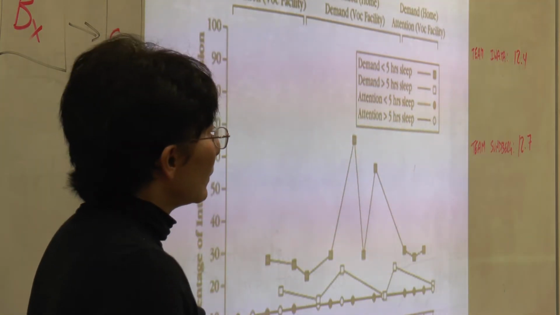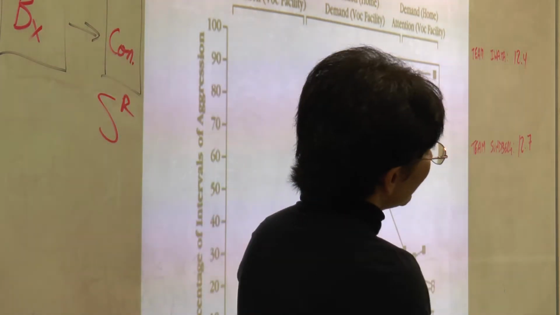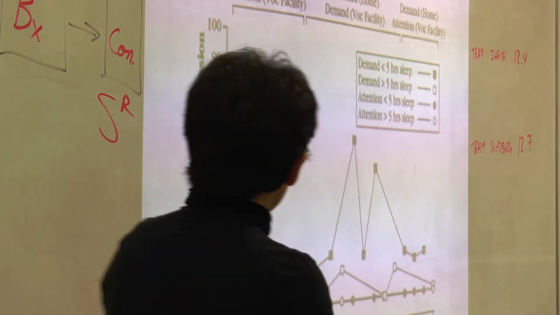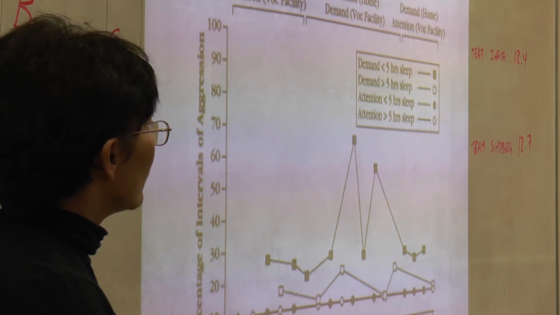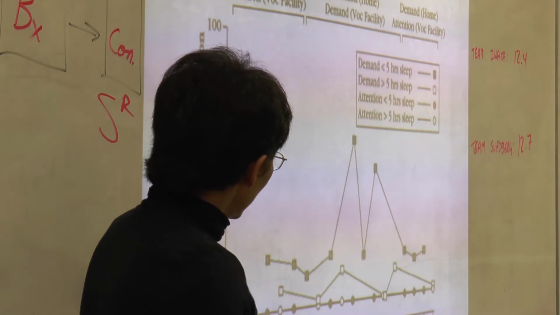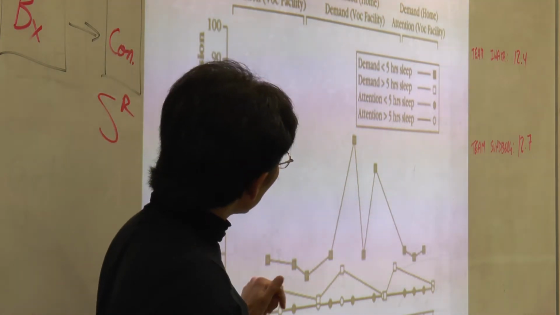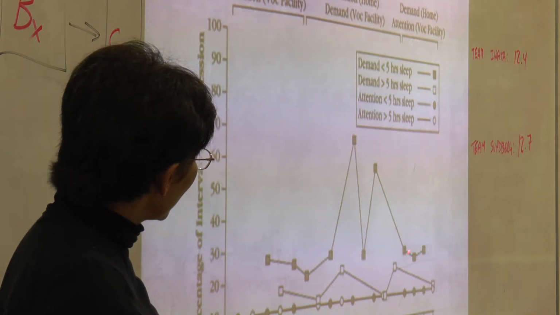Okay, to clarify something there. This is a good look at a functional analysis. If this was a kid that we were studying and trying to figure out what the function of the behavior is, or what drives the behavior, in this case attention has no effect. The same attention was given through all the phases.